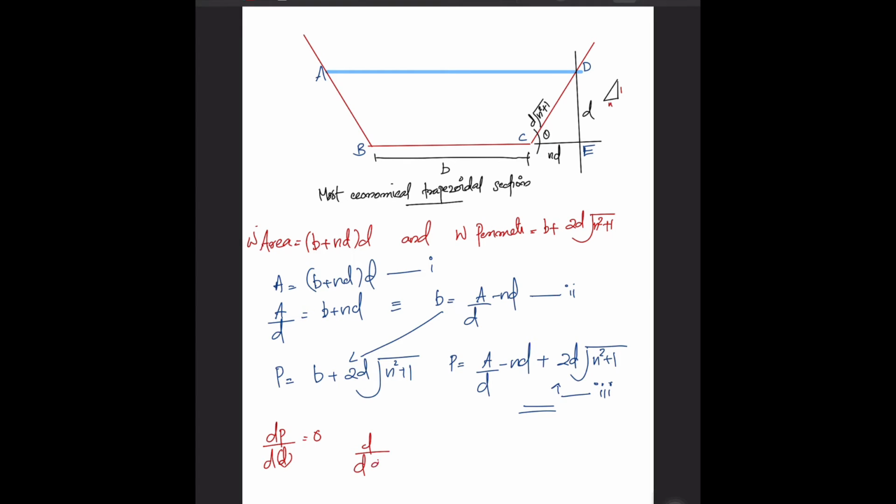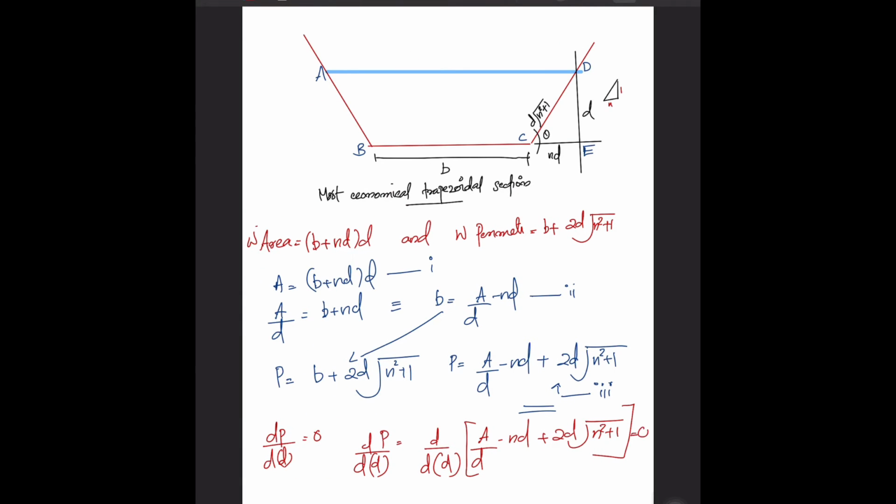d by d of d of P should be equal to d by d of d of (A by d minus nd plus 2d into root of n square plus 1). Let's take a fresh page. This should be equal to 0.